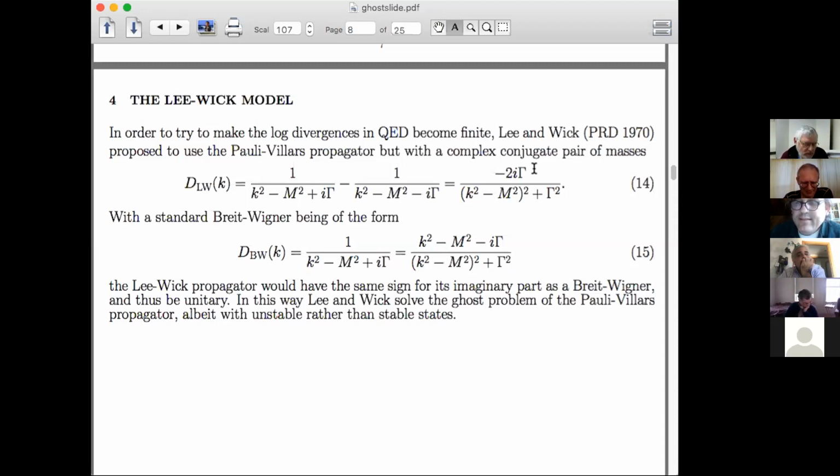So when you then live in this causal world, you can generate spontaneously complex masses, for instance, for quarks or anything. So in a sense, to have a consistent quantum field theory, you need both the causal and the anti-causal part.